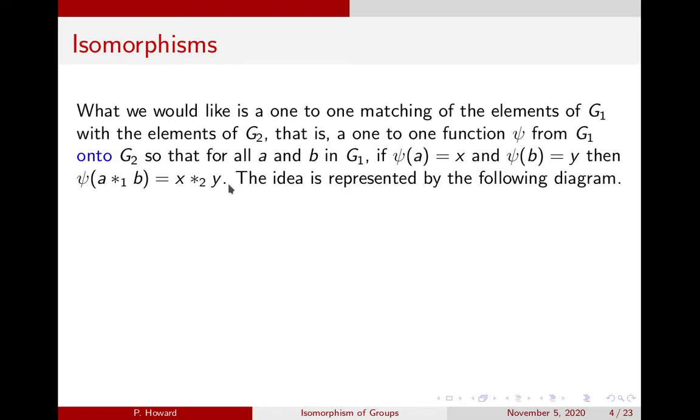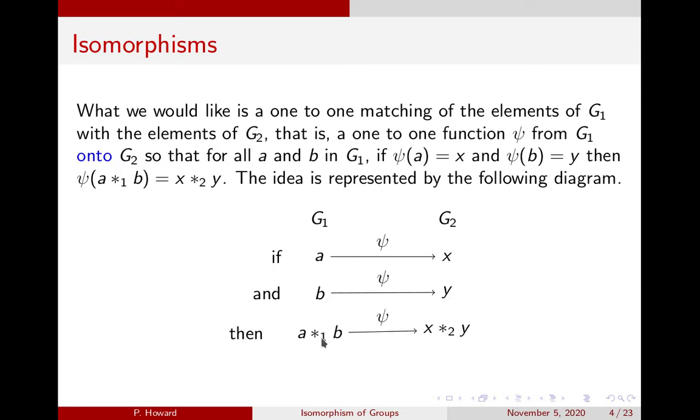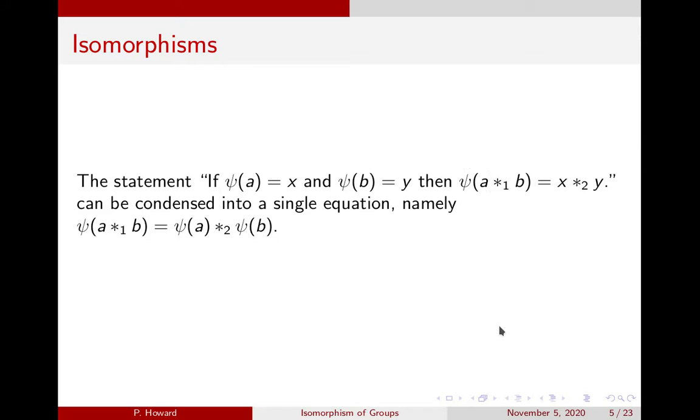So here's the idea in diagram form. We're thinking of the group G1 as being on the left here, G2 on the right, and psi matches A with X, psi matches B with Y. If those two things happen, then psi has to match A star 1 B with X star 2 Y. So here again is what we would like to happen.